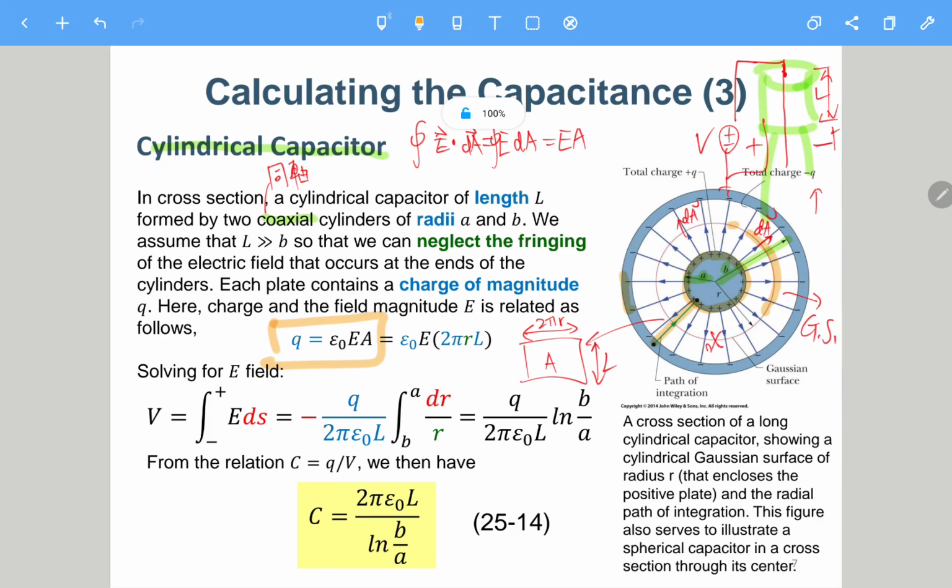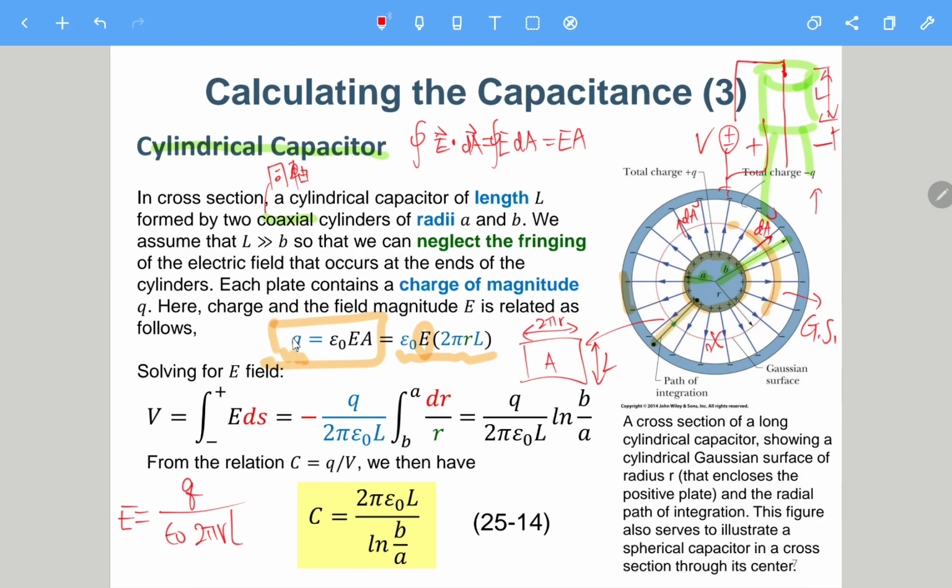Yeah, we have Q equals this one, so that we can just keep E on one side and then move all the things over, then we can have E equals Q over epsilon naught 2 pi RL. Okay, so just move all the things over.